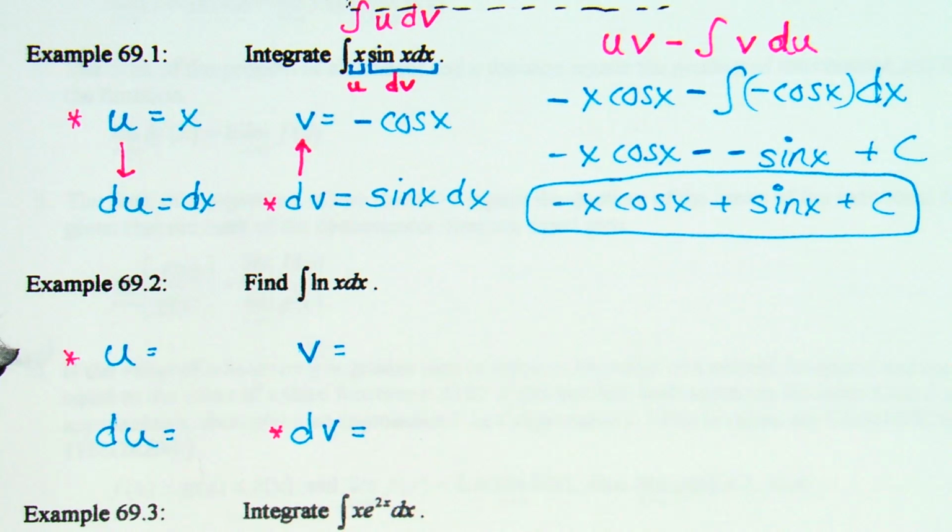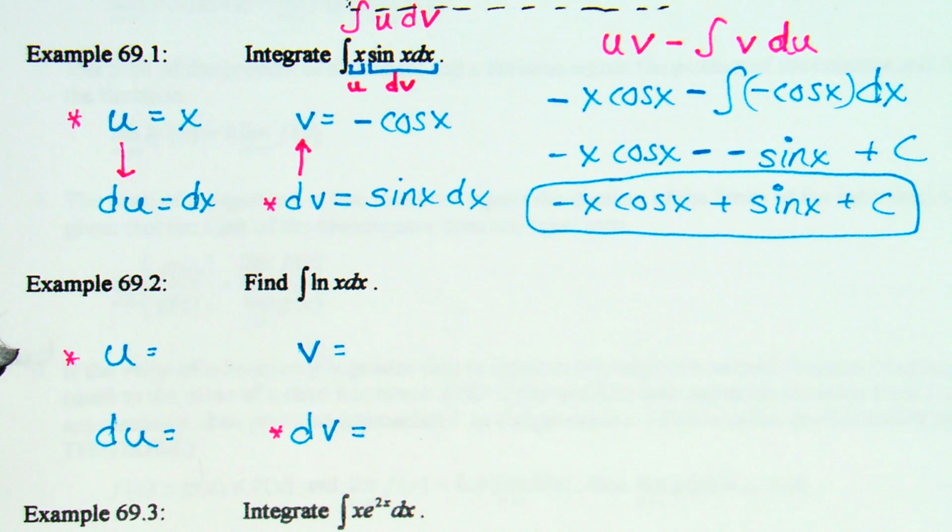What are you thinking here? Nope, you only use the ln x in one place. There's a definite place the ln x has to go on this one. But the dv would be dx. Yes. Yeah.